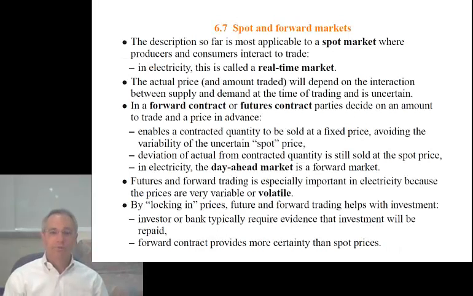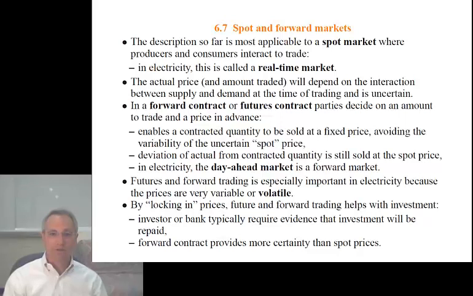The description so far has really been relevant to a spot market. There are producers, in our case these were landlords, and consumers, in our case these were renters, who interact to trade. In electricity, this is called a real-time market. The actual price and the quantity traded will depend on the interaction between supply and demand at the time of trading. It's uncertain until that time.